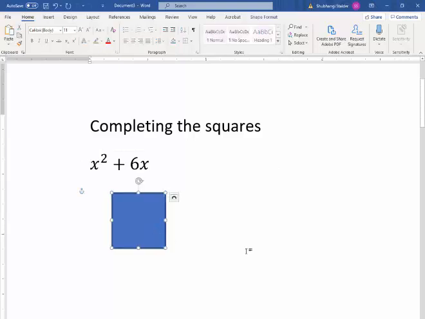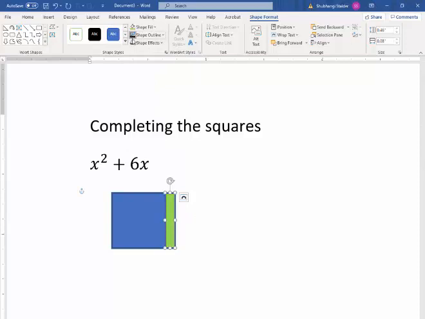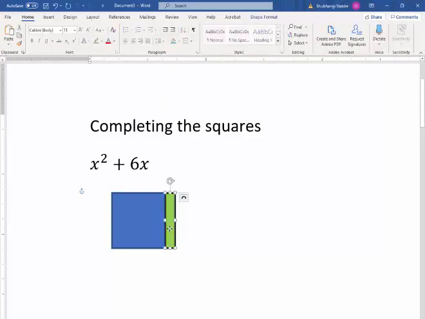So I'm going to take that shape and I'm going to go here, but the width is 1. So let's make that a different color so that we can see. So we have 6 of those. So here's 1, 2.